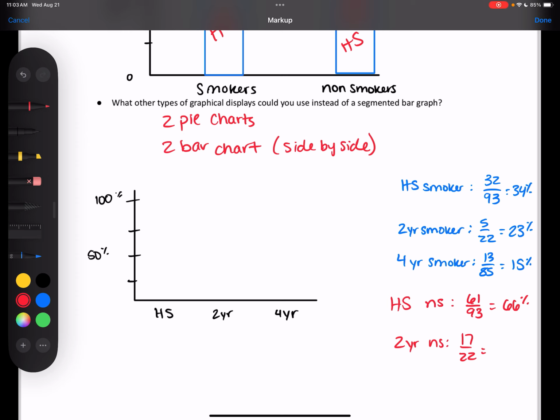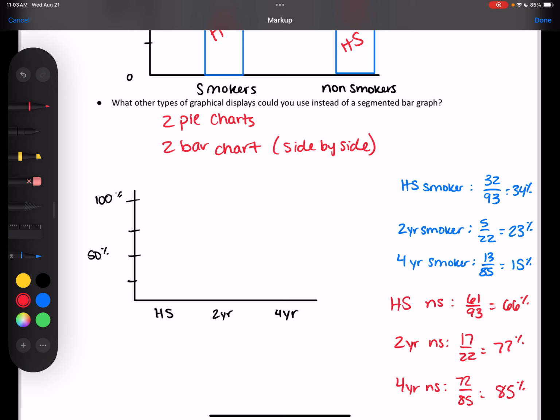Which is going to be 77%. And then 4-year is going to be 13 out of 85. Nope, I lied. 72 out of 85. Which is going to round to 85%.